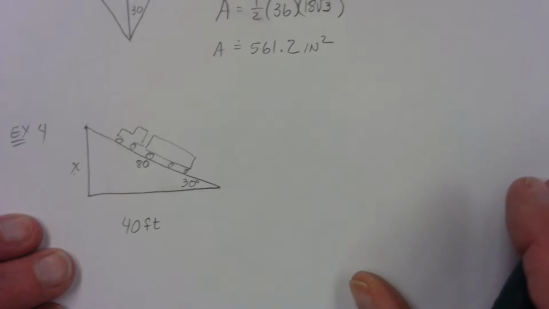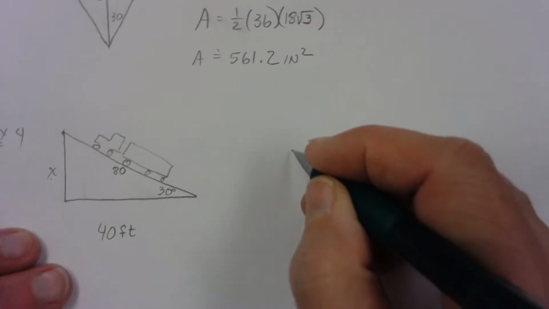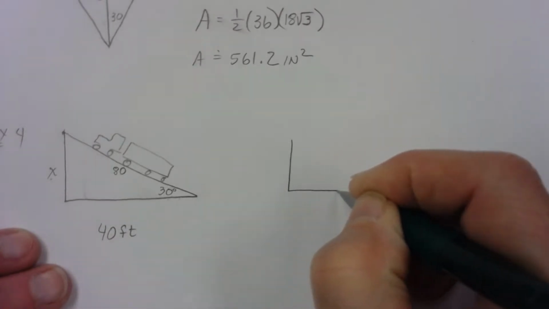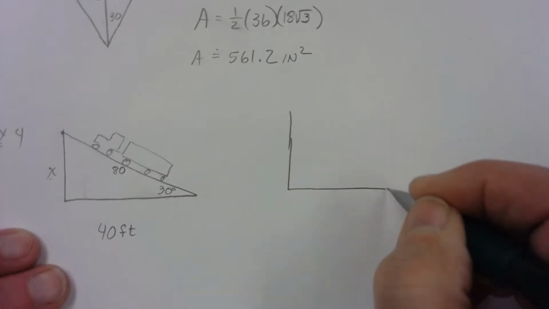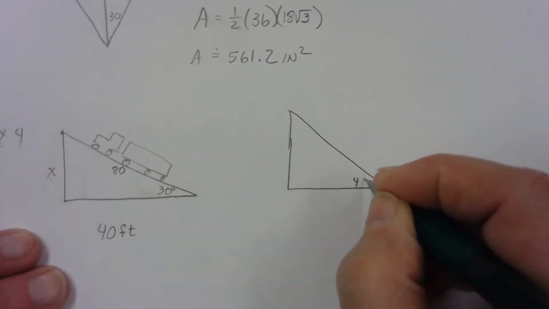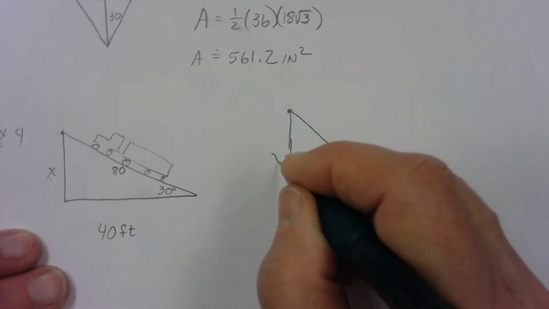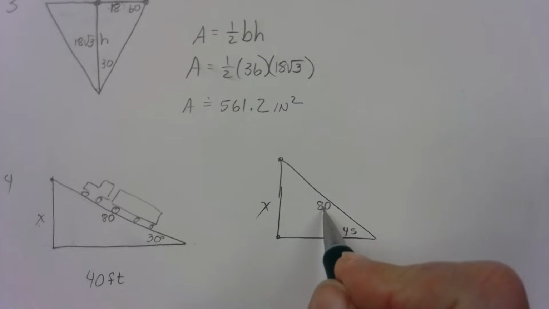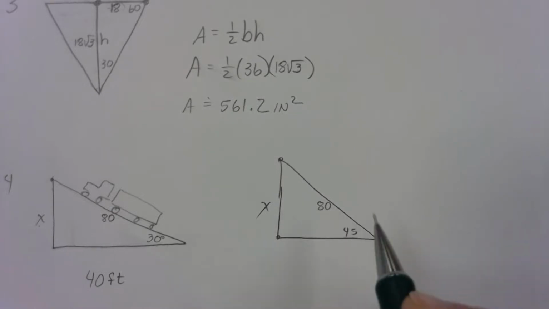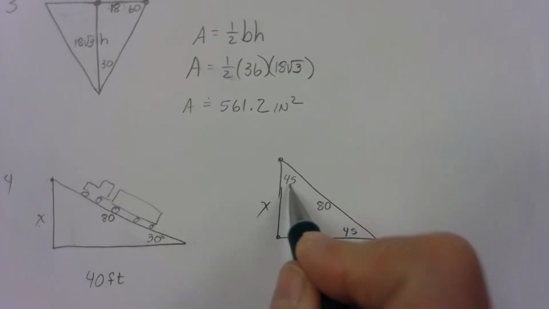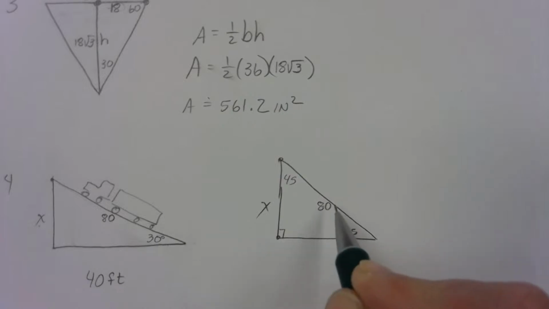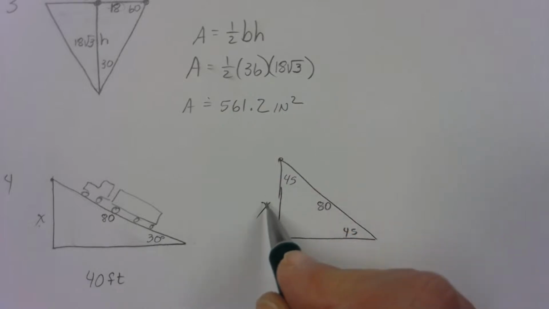It's going to get even worse because what they're saying now is what would happen if your tipping ramp made an angle of 45 degrees. So this is 80. How high is this? We want to know that distance. If this is 80 right here in a 45, 45, 90, then I've got the hypotenuse, and I want to get back to a leg. How do I do that?